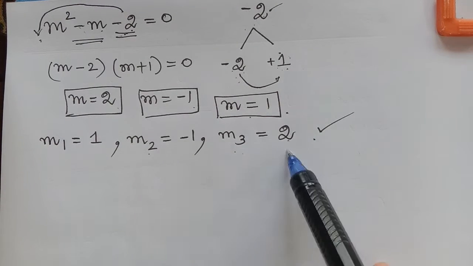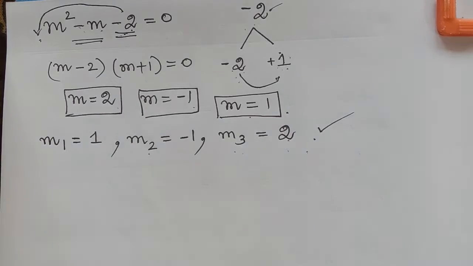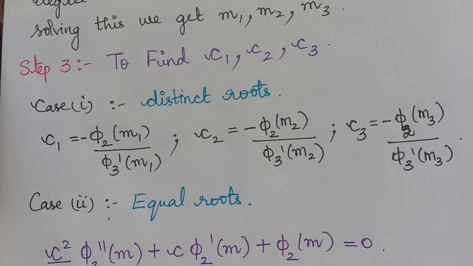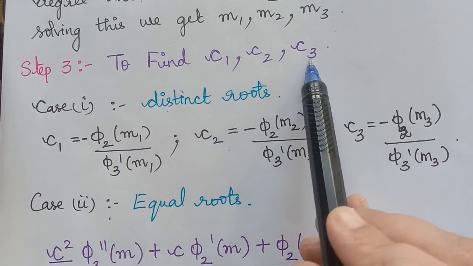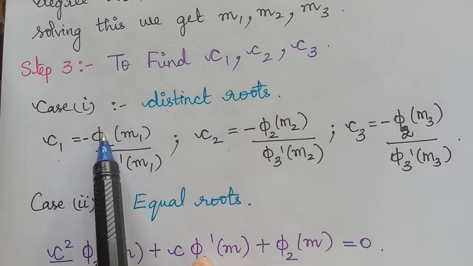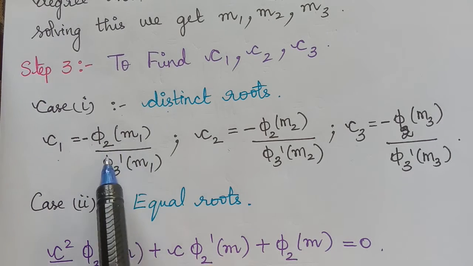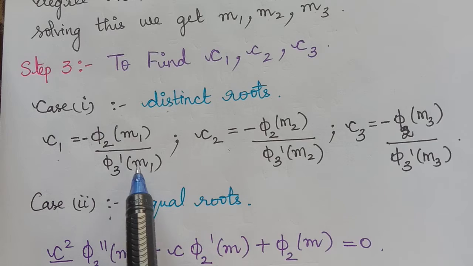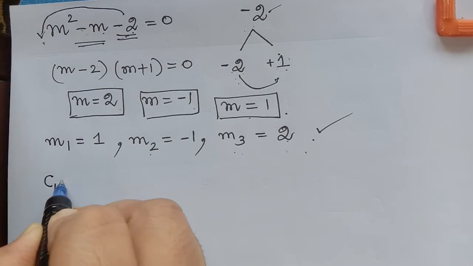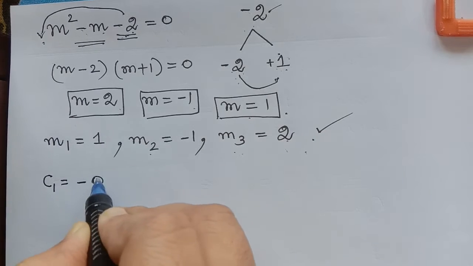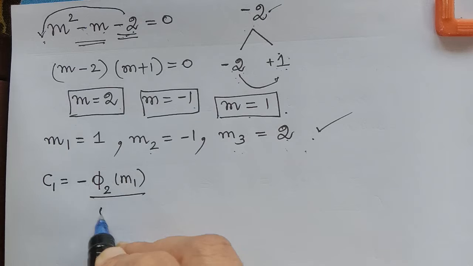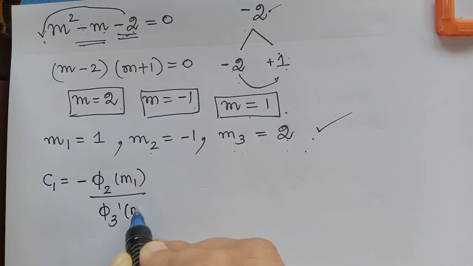They are not equal. Therefore, we will have three values c1, c2, c3, and the formula to find c1 will be negative phi 2 of m1 divided by phi 3 dash of m1. So let me write that here. c1 is equal to negative phi 2 of m1 divided by phi 3 dash of m1.